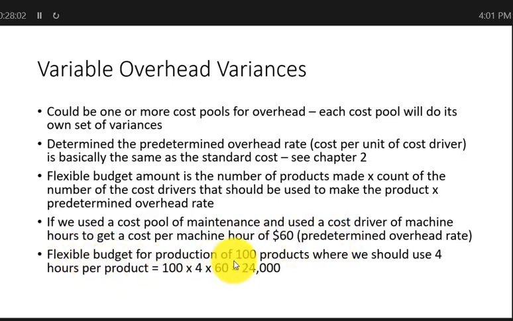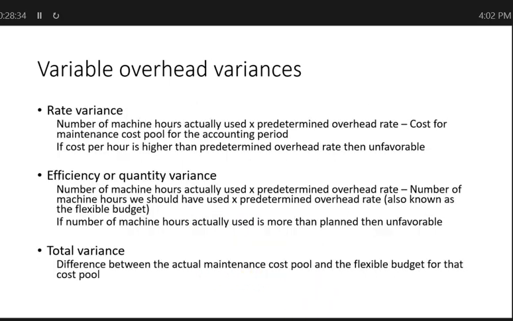So the flexible budget for production of 100 products, where we should use 4 hours per product, is 100 products times 4 times $60 for each hour, or $24,000 of variable overhead from that cost pool for this particular accounting period. Assuming that we actually made 100.